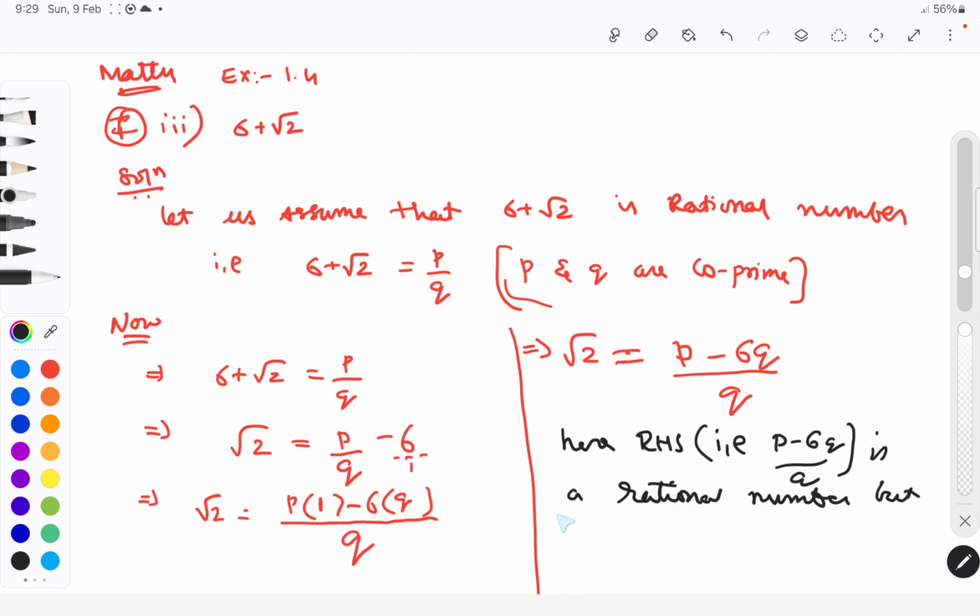But LHS, that is root 2, is, okay, let's write a little bit like this.